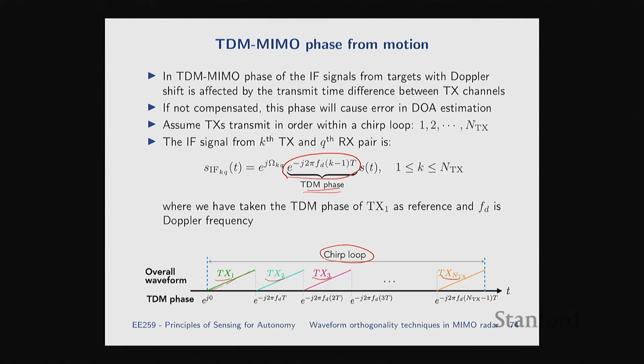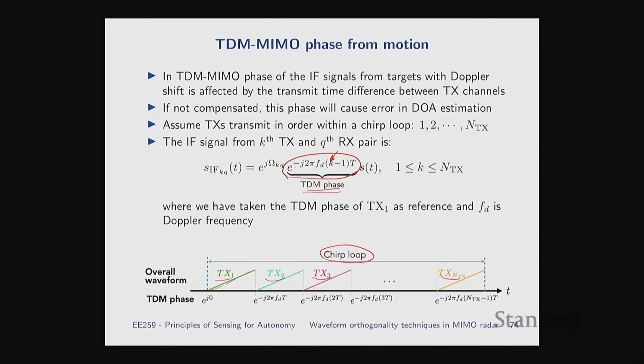Each transmit index k starts at a different point in time, so the phase that you receive from it is going to be different for different transmitters. And that is this third term, which is e to the minus j 2 pi f_D k T. f_D is the Doppler frequency. k is the index of the transmitter antenna, not the virtual antenna, but the physical transmitter antenna, so it goes from 1 to N_TX, times big T, which is the chirp duration.